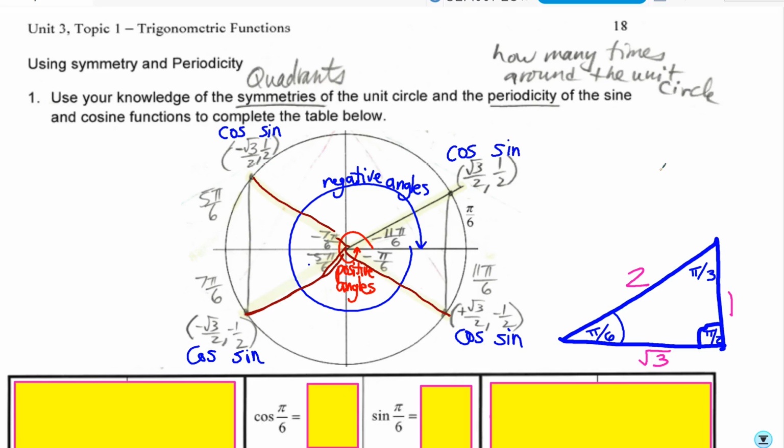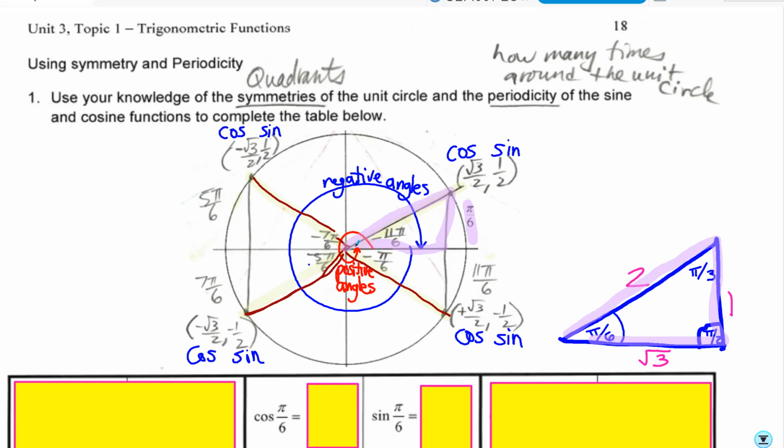And so once again, I took the triangle that's in the first quadrant and I rewrote it here so that you can see if I am starting with an angle, that's pi over 6. Okay, so I'm saying that the angle up against the origin here is pi over 6.